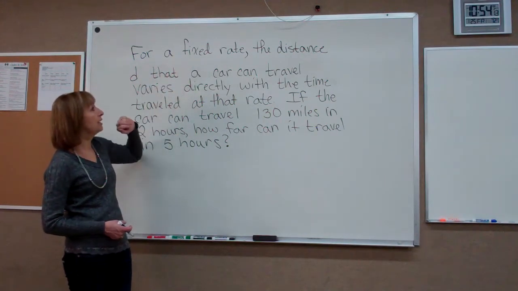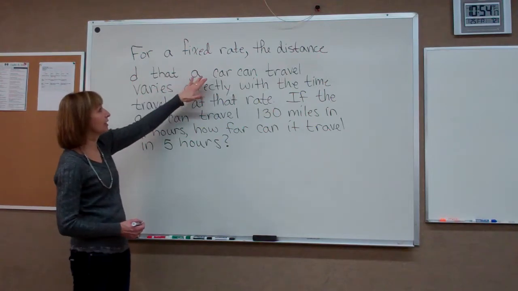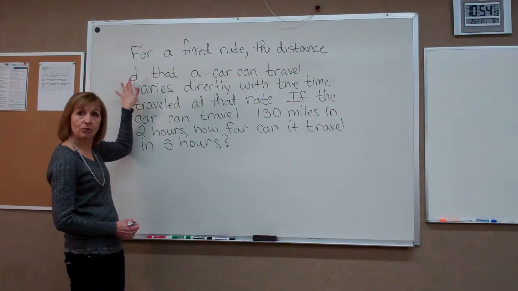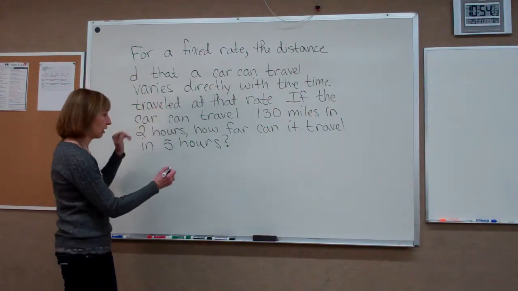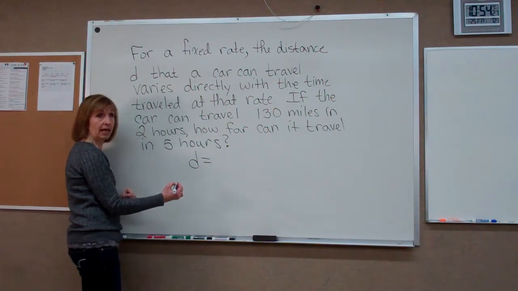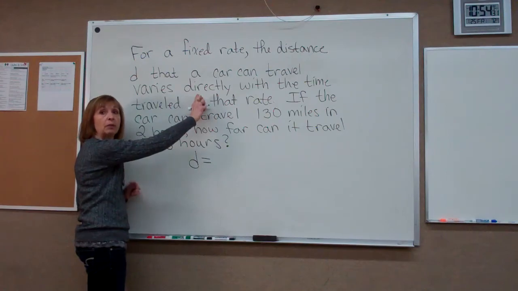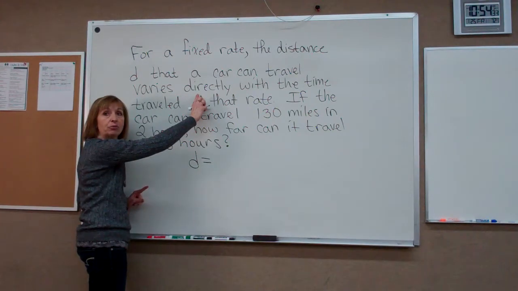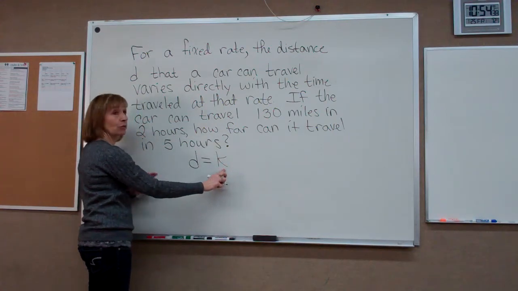So let's start at the beginning where it talks about the variation. The distance d that a car can travel varies. So d is the variable that's before the variation is described, so d will be on a side by itself, and then we'll put the equal sign. And it varies directly. So remember, with directly, we multiply our constant of variation by our variable. So we'll put down our k for our constant of variation that we have to remember.